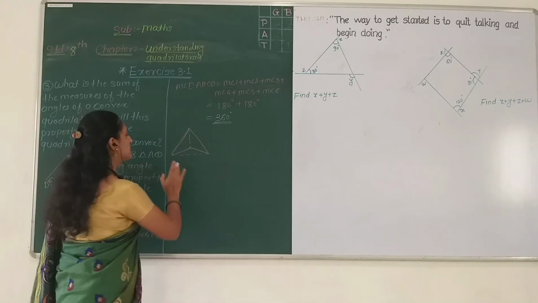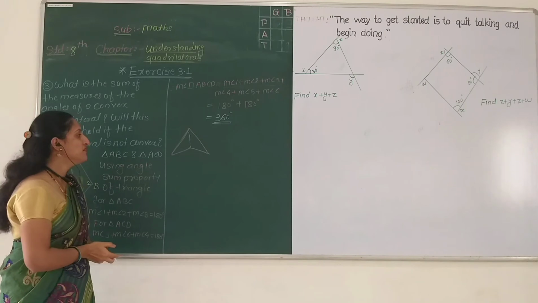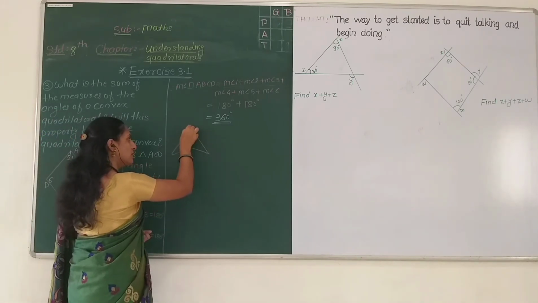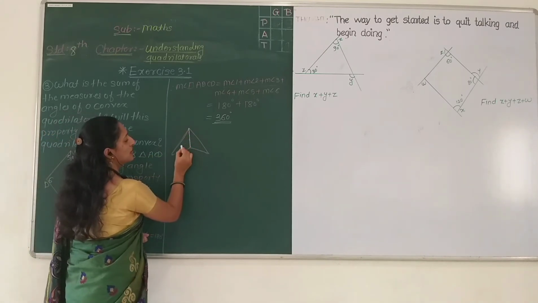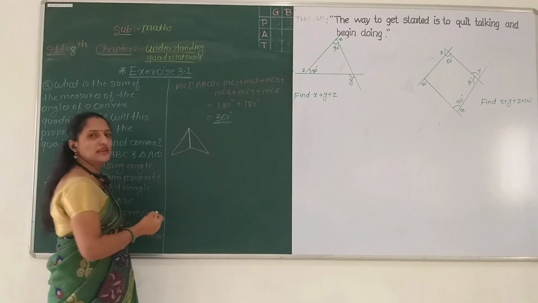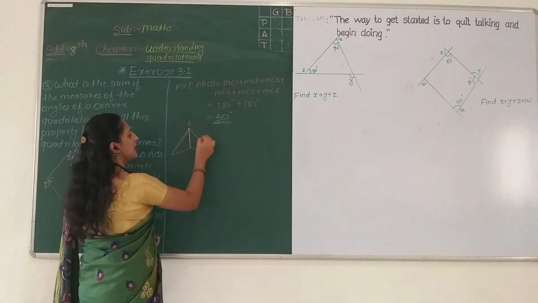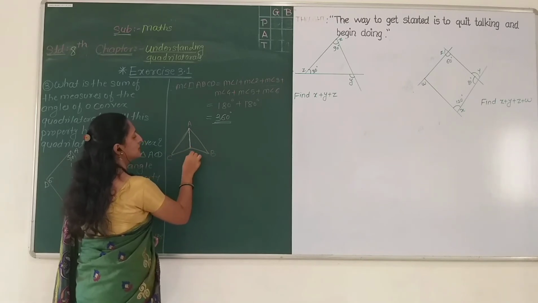So we have to discuss the angle sum property of a concave polygon. For this figure also I draw one line segment, or one diagonal, so I divide this concave polygon into two triangles. I name this triangle A, B, C, and one more. This point is D.